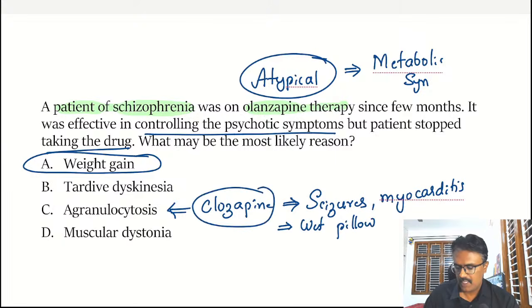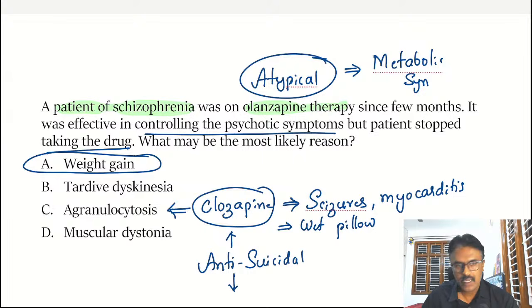But one advantage of clozapine is that it has anti-suicidal effect. Can you tell me one more drug having anti-suicidal effect? Can you tell me that?